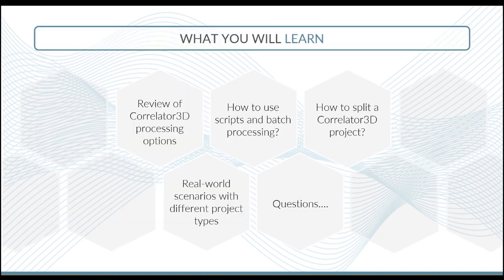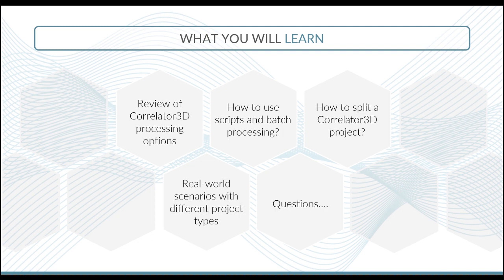What are you going to learn in this session? First, I'm going to review the different options there are in Correlator3D. We're going to talk a little more in depth about how to use scripts and batch processing. I'm going to show you how to split a Correlator3D project. This is a question we get a lot. Let's say you have a big project and you want to split it into different parts to maybe process in parallel on different computers.